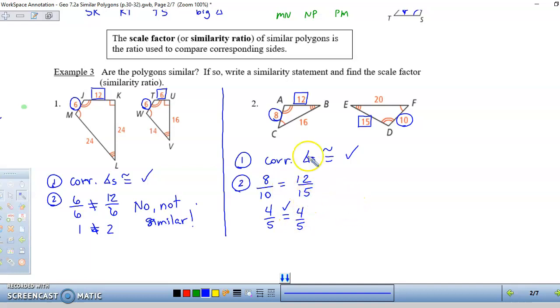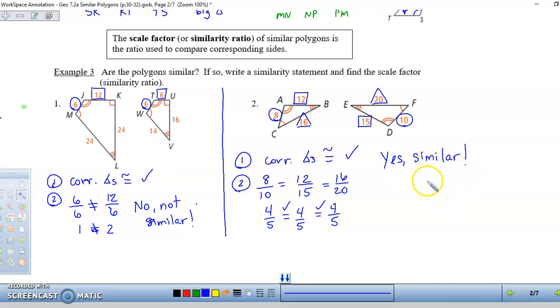But now I have to check the third side as well. So the 16, put a triangle on that one, would go with the 20. So now I'm going to try 16 over 20. If I divide them both by 4, I get, again, 4/5. So that checks out as well. So this is a yes. These are similar.